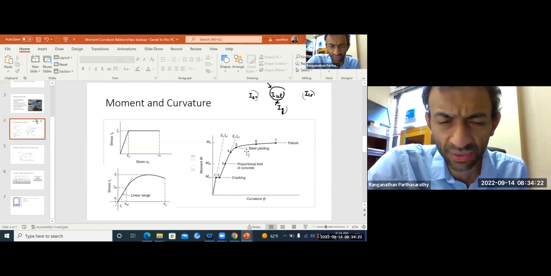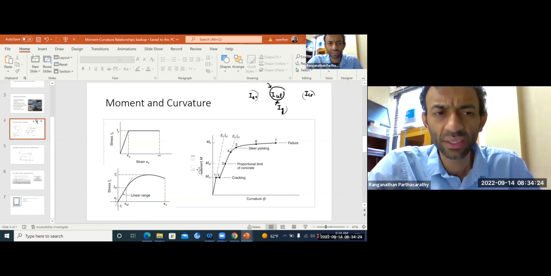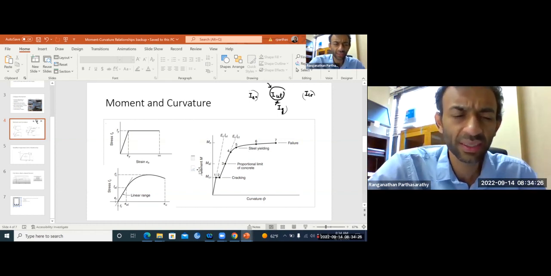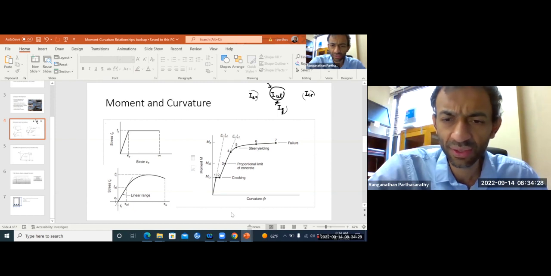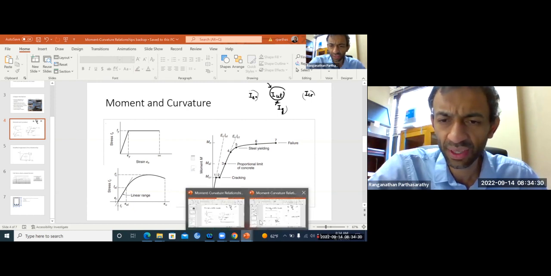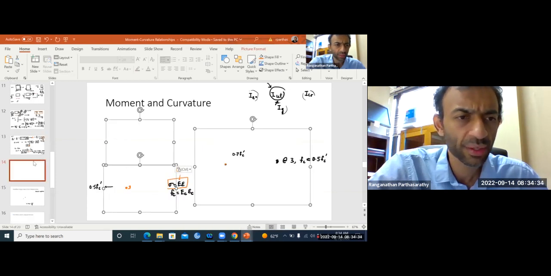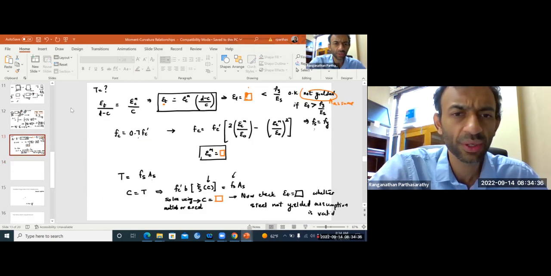Now point 5 is where the steel yields. So when the steel yields, do you think the concrete would have been crushed?